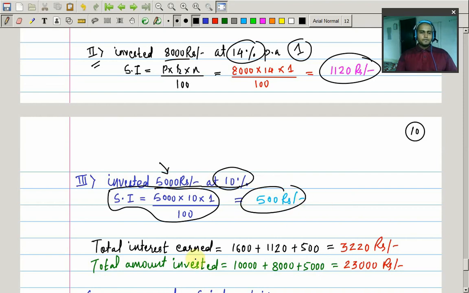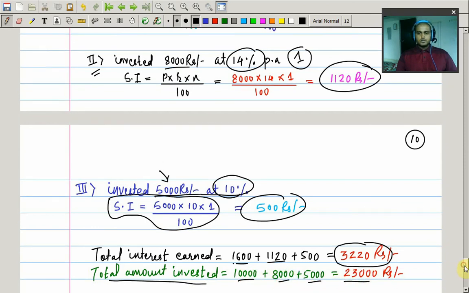So total interest earned is 1600 plus 1120 plus 500. So this is the total interest earned, and how much amount he had invested. He had invested 10,000, 8,000, 5,000. So total 23,000.